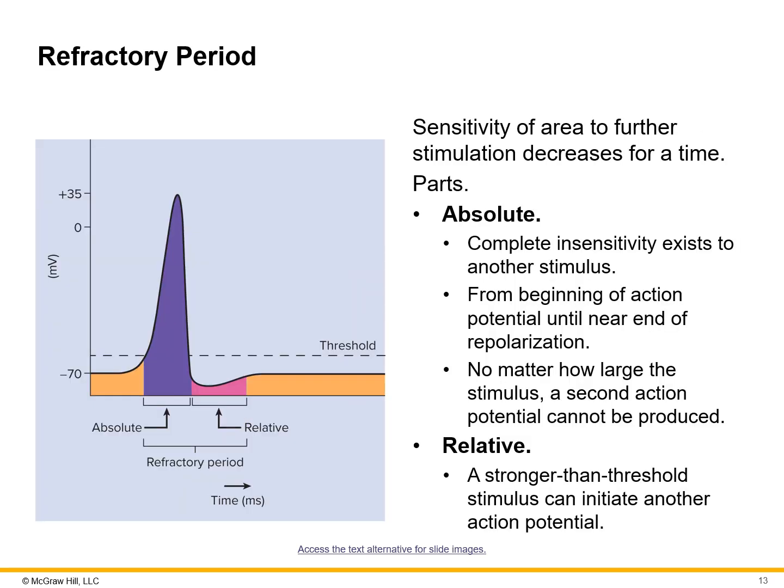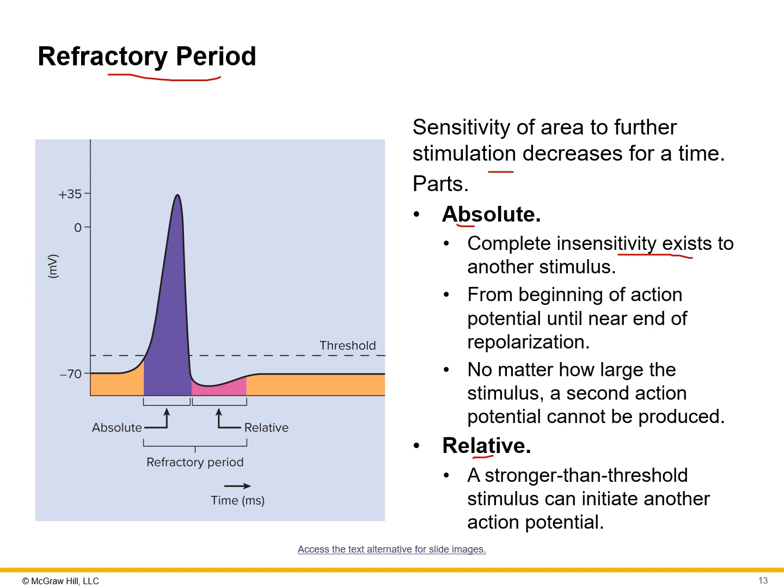There's also a point here that's referred to as a refractory period, and there's an absolute and a relative refractory. This is the point where we have a little bit of change in sensitivity. In the absolute refractory period, it's completely insensitive to another stimulus.